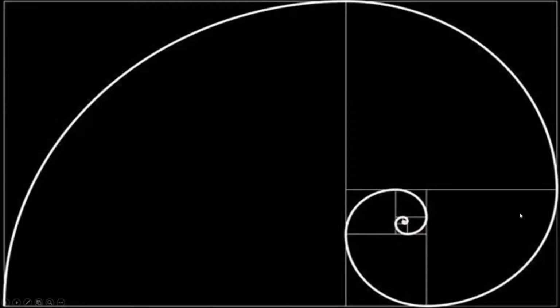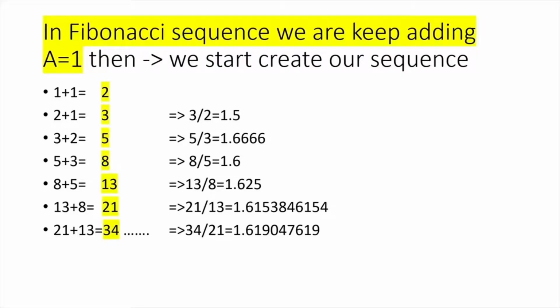Now, why is this useful in trading? Of course, you will need to understand that now we are going to use the Fibonacci sequence, and that's exactly what we are going to do. We will keep adding squares and the same analogies.